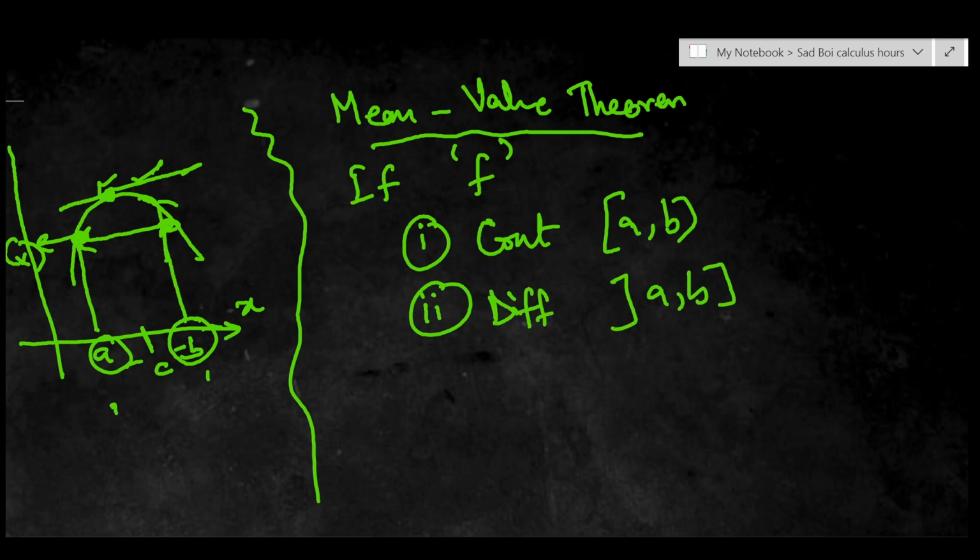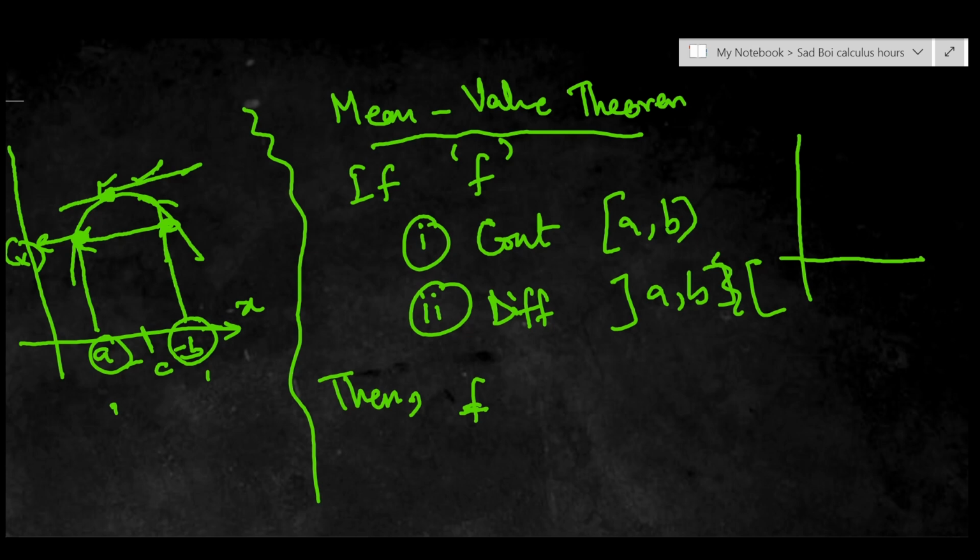So if this is true for a function, then the mean value theorem says that you have a point c between a and b such that when you find the derivative at that point, then that derivative is equal to the gradient of the secant line between a and b.